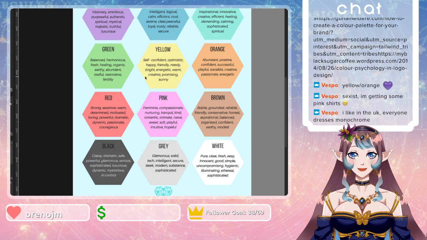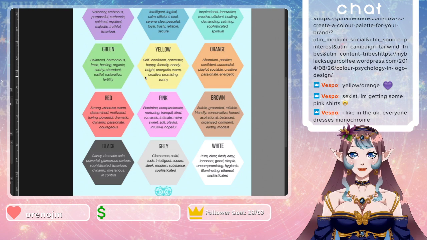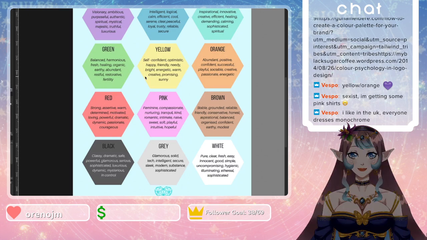White is pure, clear, fresh, easy. Not easy on my eyes, but that's just me. Innocent, good, simple, uncompromising, hygienic, illuminating, ethereal, sophisticated. A lot of medical stuff is wrapped in white. When you go to the dentist, it's white all over.